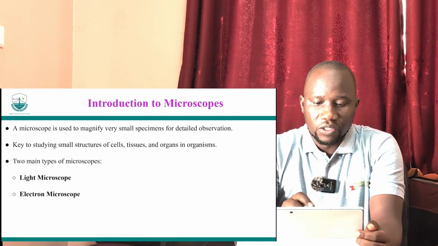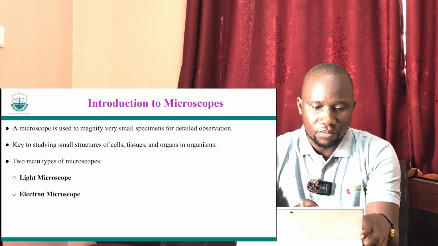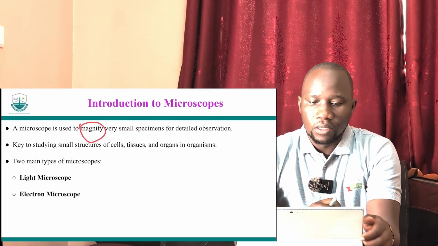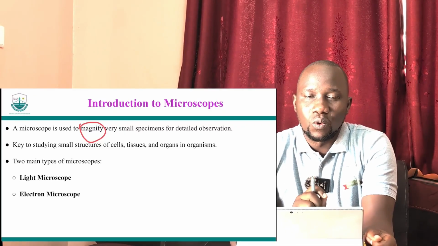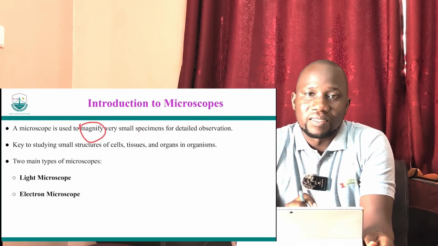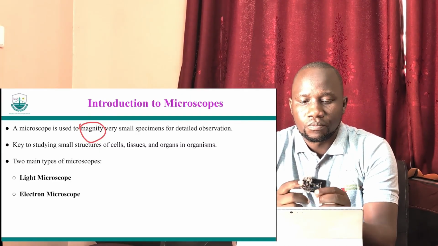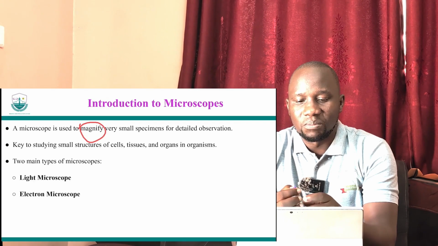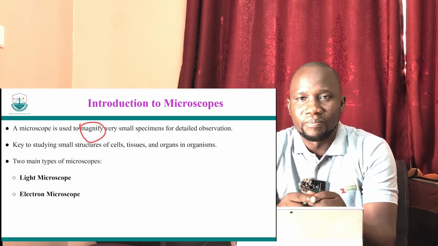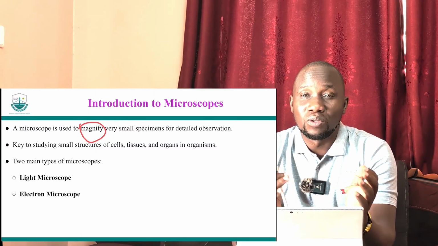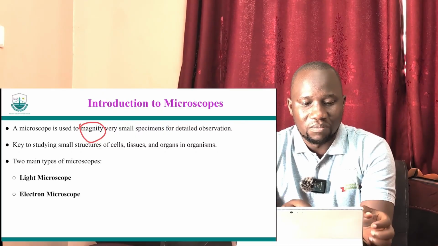The microscope is used to magnify very small specimens such that we can look at these specimens in details. So remember, magnification is when we have a small specimen, but when we are using a microscope, we can be able to see it as big and see the details of that specimen.